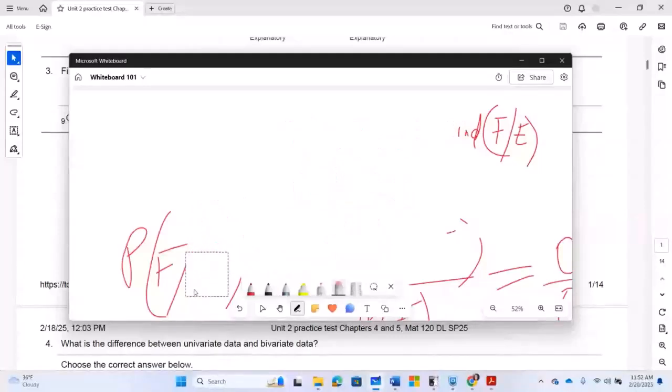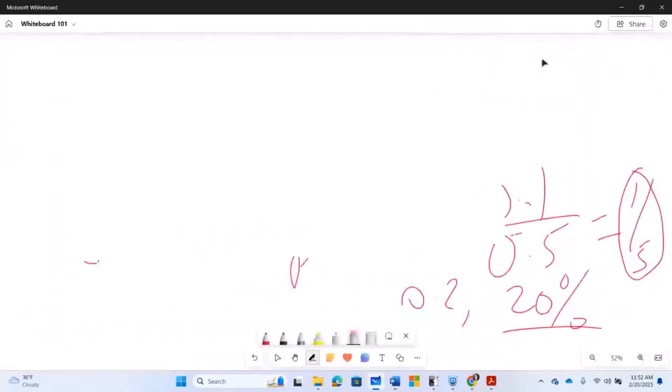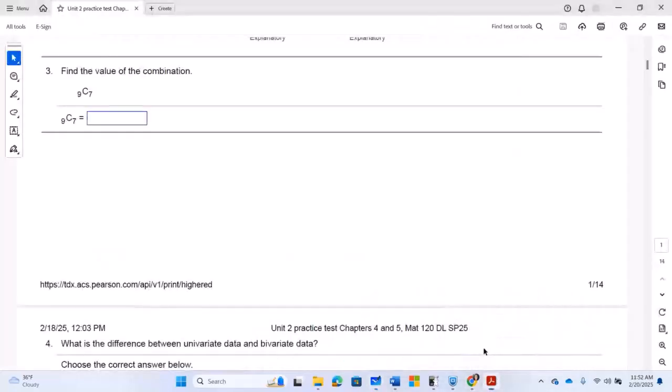If I'm told to do it by hand, I have to do it by hand.